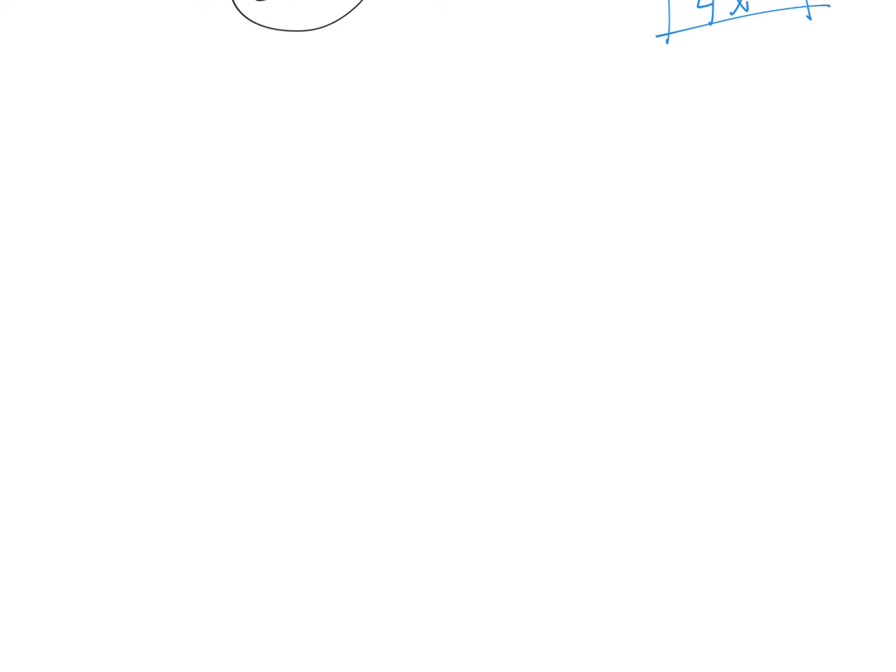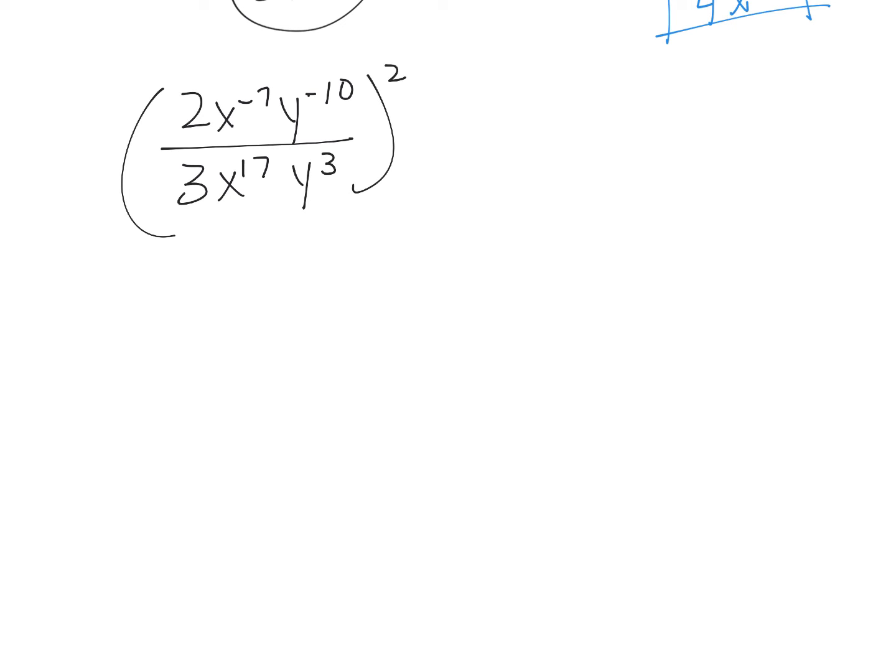Okay, so let's take that concept and build on it. So let's say we have (2x^-7 y^-10)/(3x^17 y^3), all of this to the power of 2, times (x^3 y^4)/(x^-2 y^-7).